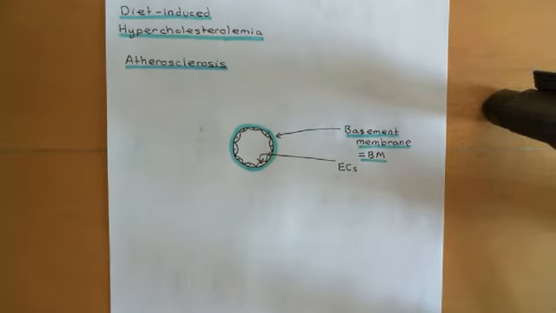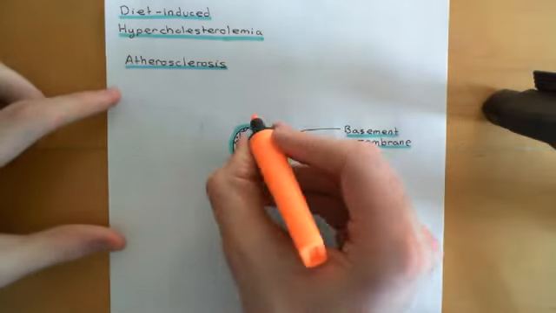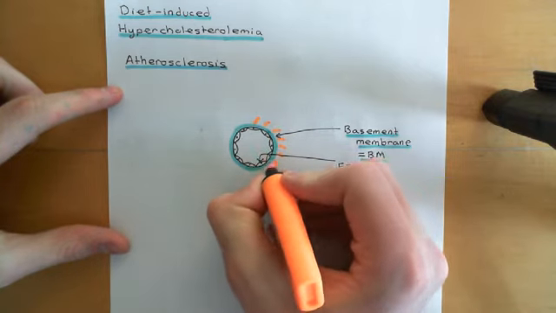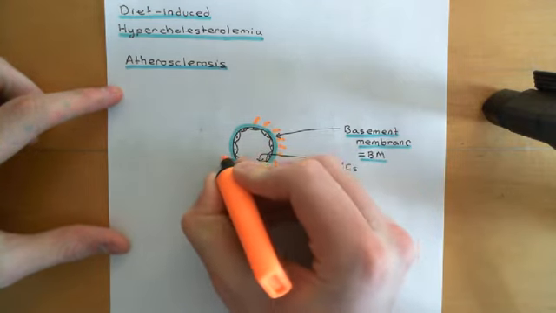So what then do you have underneath the basement membrane? Well, underneath the basement membrane you then have a layer of connective tissue, which I will colour in orange here. And this is going to be the absolutely crucial layer in which atherosclerosis is actually going to occur.